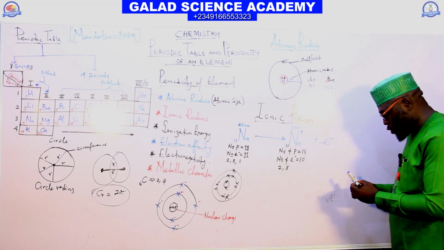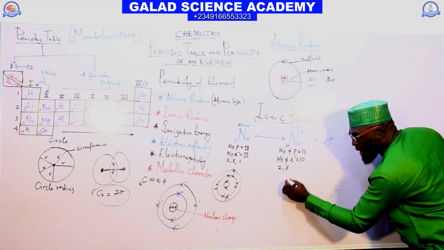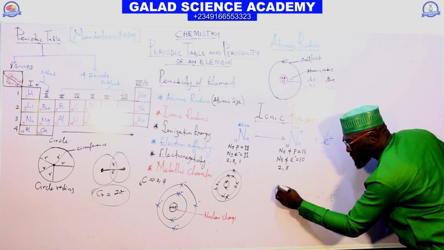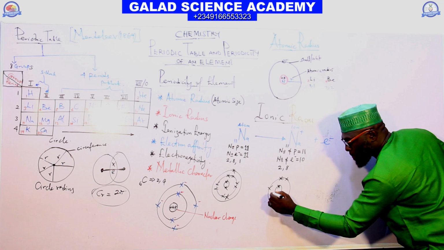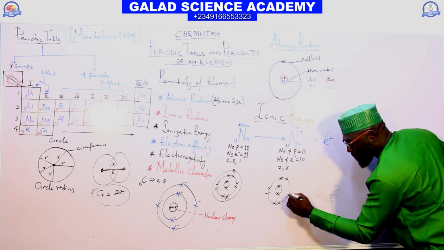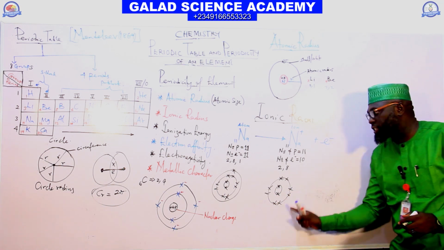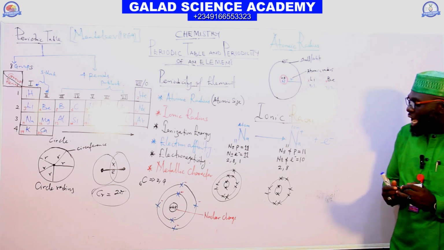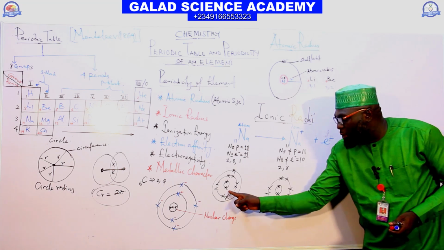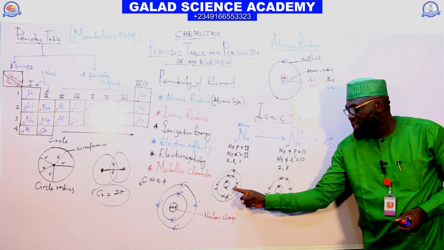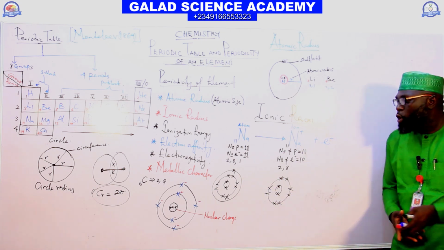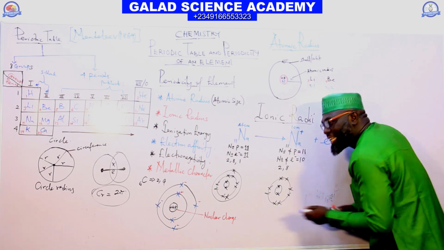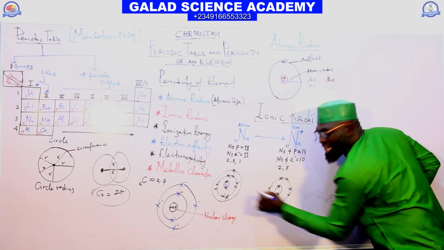For the ion, we have 2 and 8. This is the sodium ion. You can now see how many shells we have in the sodium atom? 3. In the sodium ion, how many shells do you have? 2.